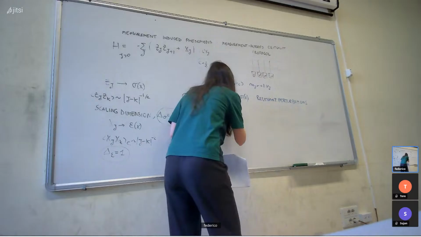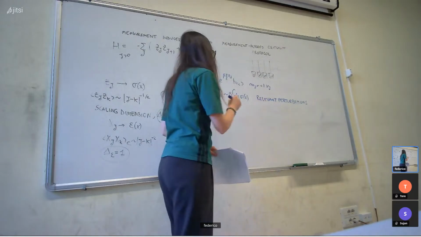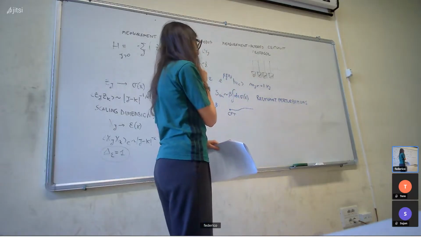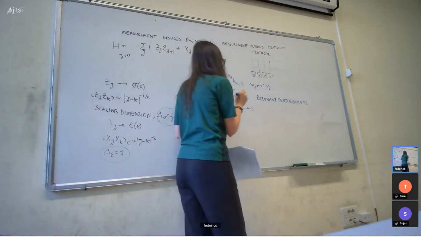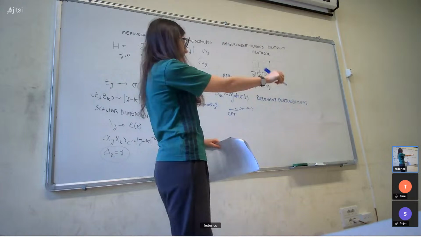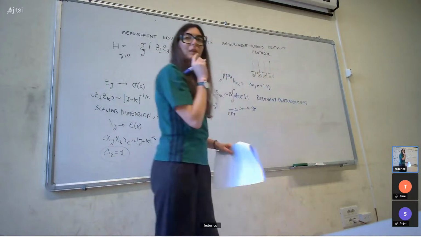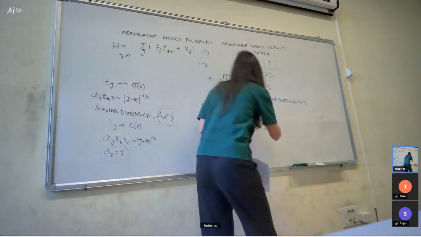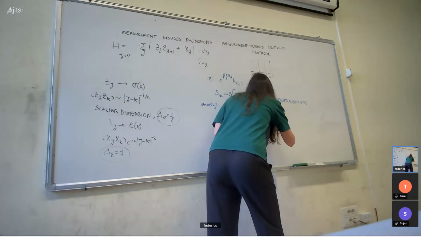We start from a CFT, and then we have an RG flow, and this flow basically ends up in a new fixed point that in the Euclidean language goes under the name of boundary conformal theory.